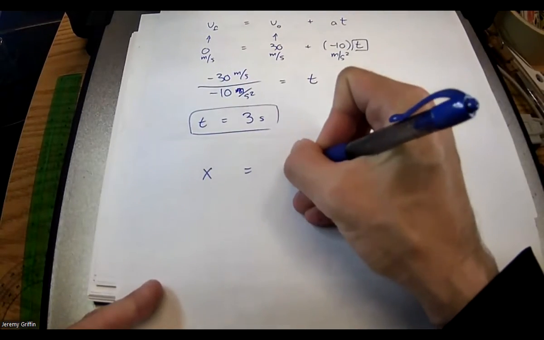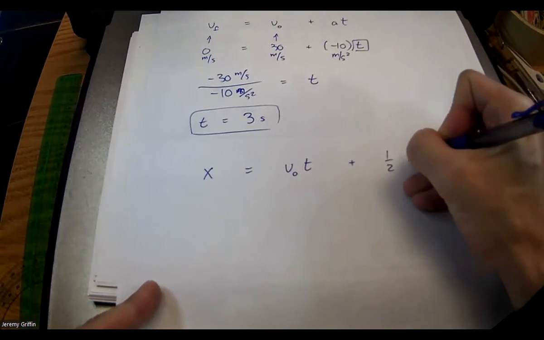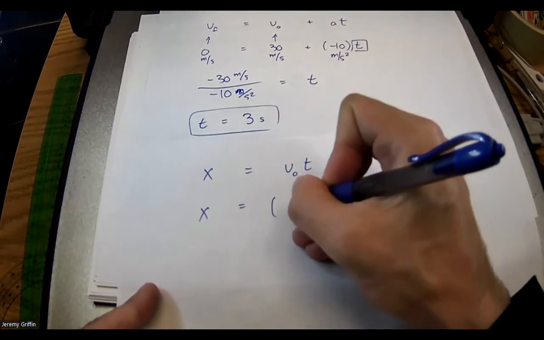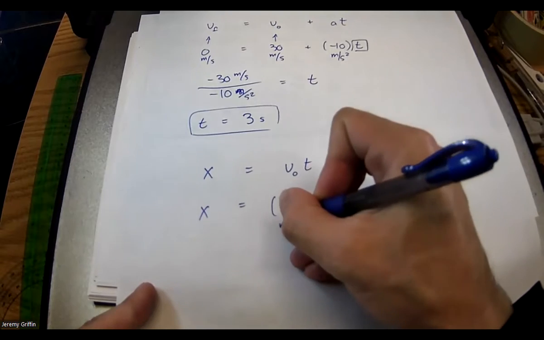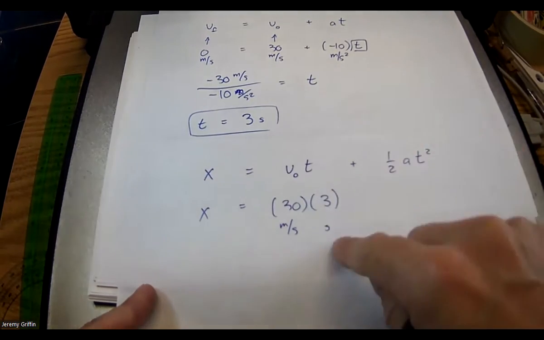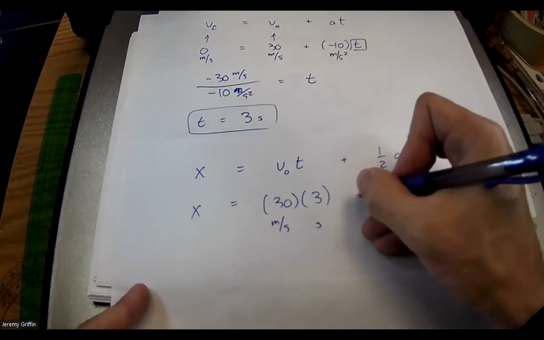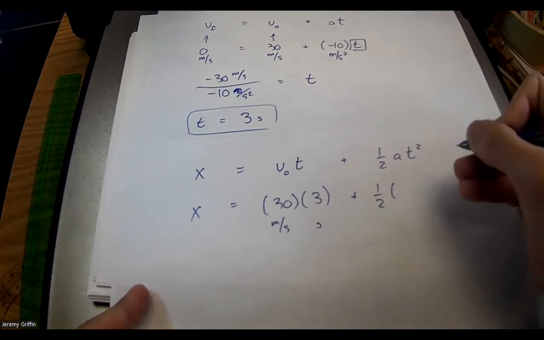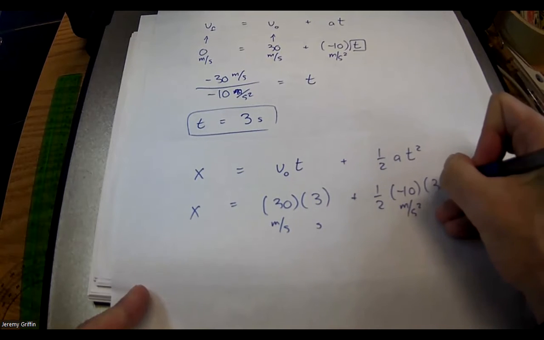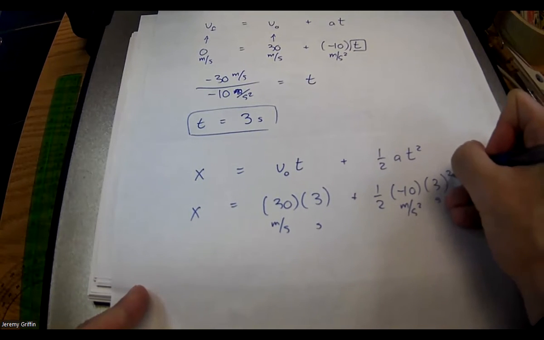Displacement equals initial velocity times time plus 1/2 a t squared. So initial velocity was 30 meters per second. Now you guys know the braking time is 3 seconds, so I can pop that in. Plus 1/2 times -10 meters per second squared times, here's 3 seconds again, but this one's being squared.